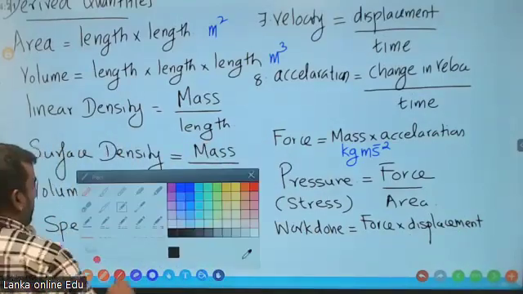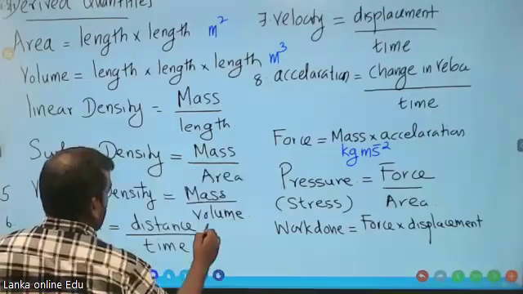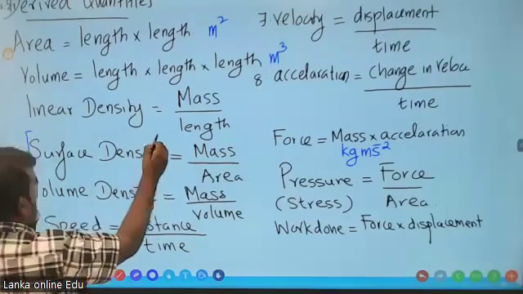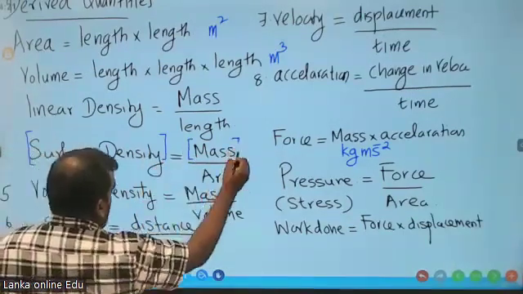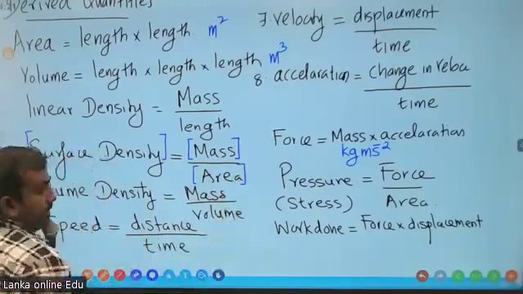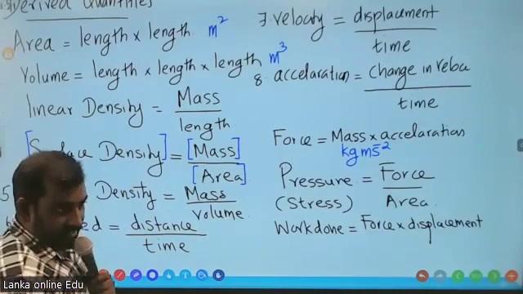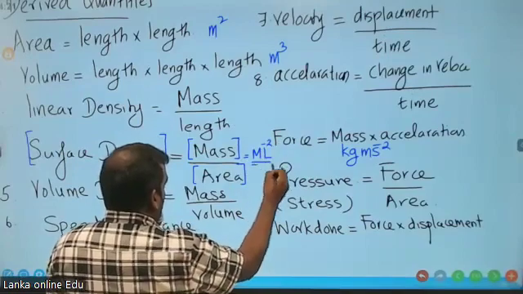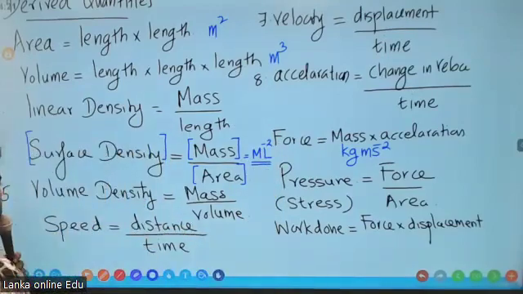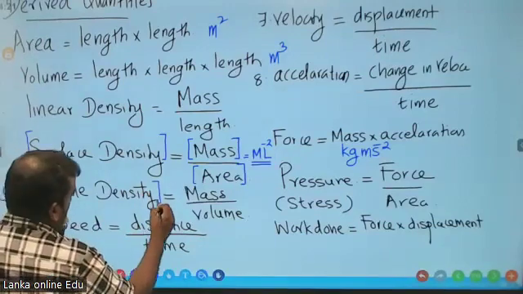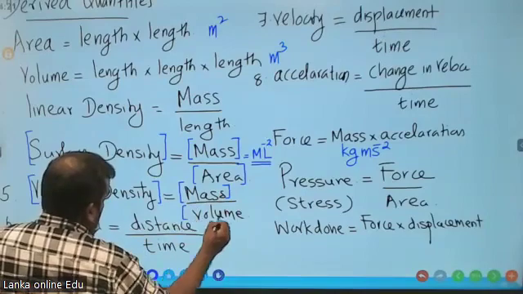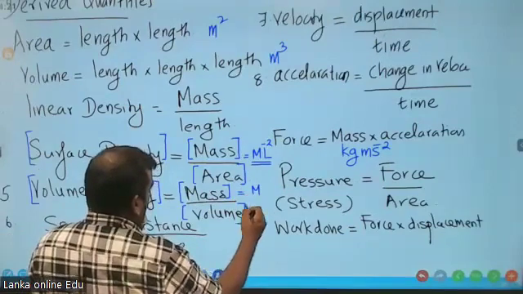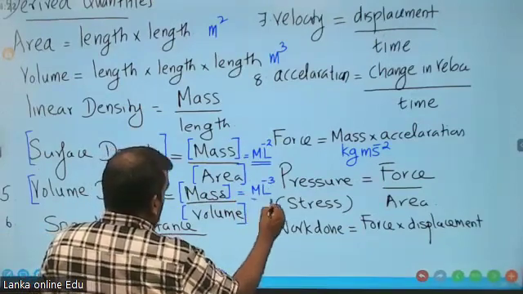Surface density square bracket. That's mass over area. Mass is M, area is L squared. Your answer should be ML minus 2. I hope you got this. Volume density is mass divided by volume. Mass is M, volume is L cube, take on top. ML minus 3.